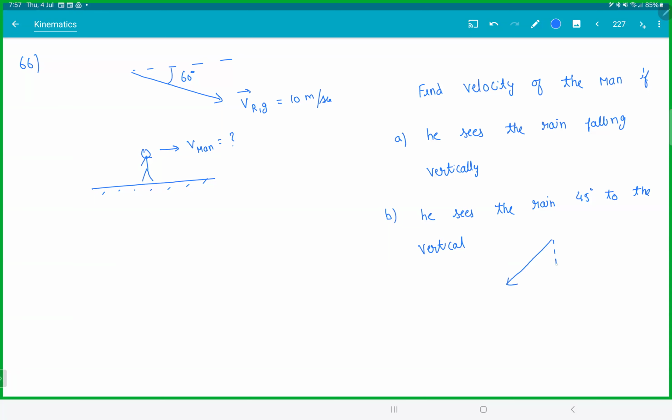You want to see the rain 45 degrees on the left side, not on the right. 45 could have been right or left, but I give you the diagram. Two questions, give it a try. Now this thing I reversed it. Earlier I gave the angle, now I want to find the man's speed. Try 2 minutes. Just give it a try. I'll get some water and come.